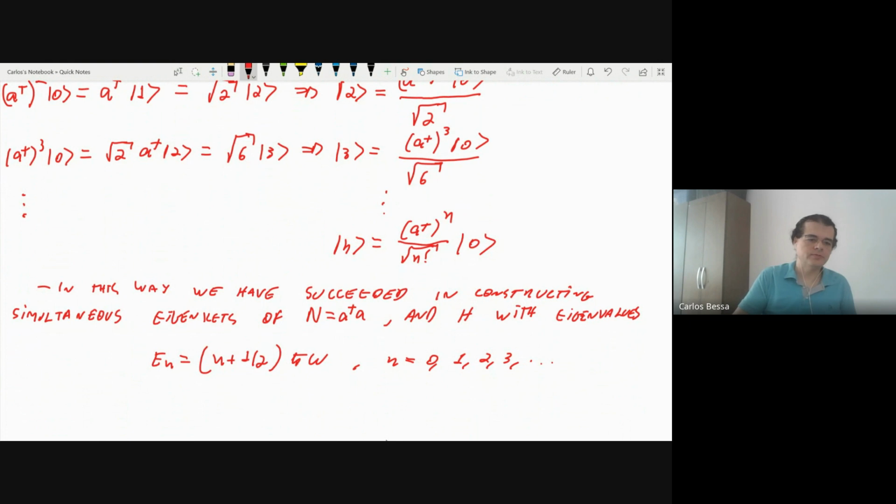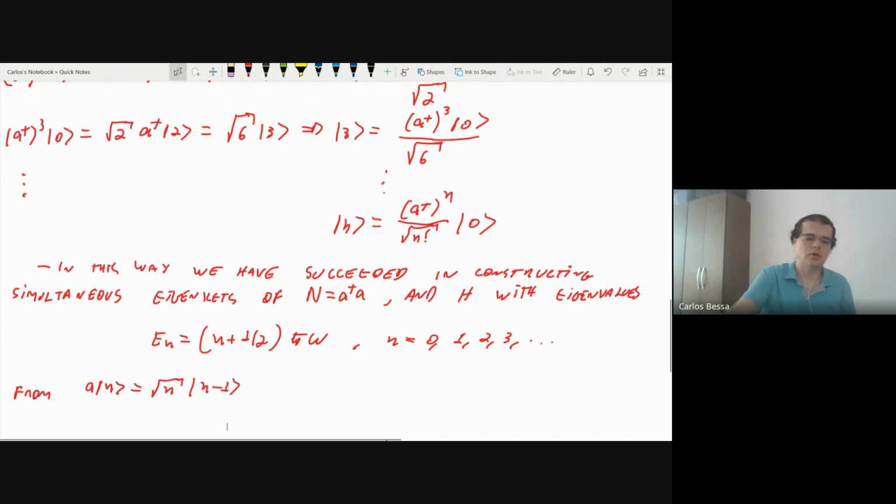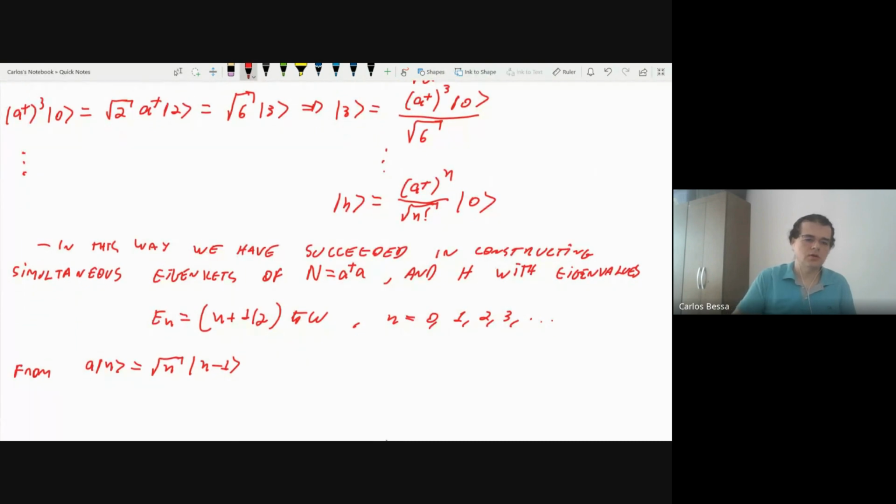So we can use the things that we found, a on n gives square root of n times n minus 1, and a dagger on n gives square root of n plus 1 times n plus 1.